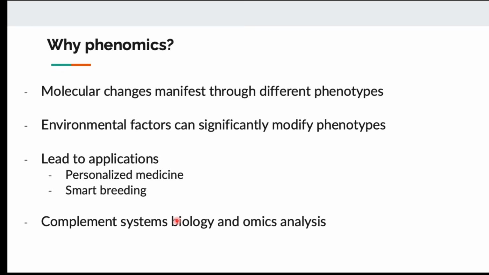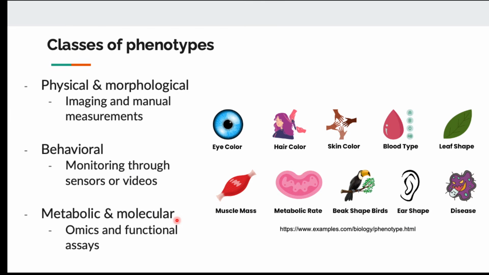Okay, so let's look at what the components are in phenomics. So the first part is the phenome, the omics of the phenotype. If we want to classify roughly what are the phenotypes that we can measure, we might think about the appearance-based or physical-based phenotype, like morphology.